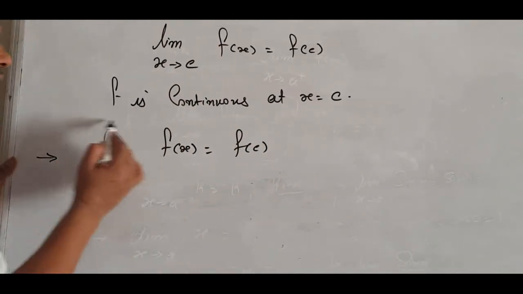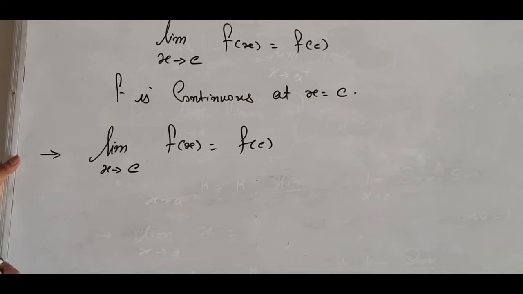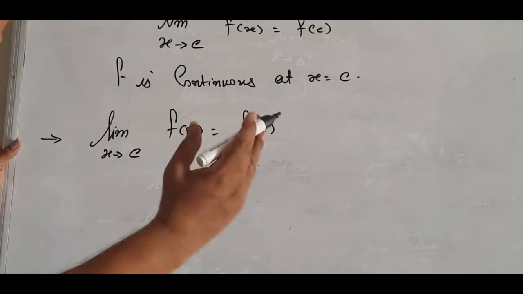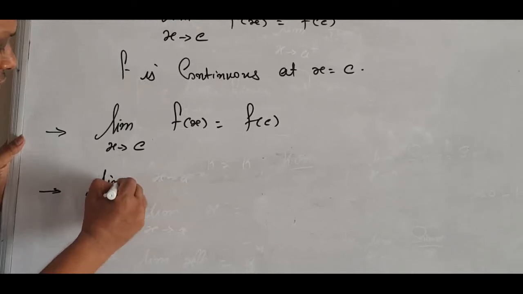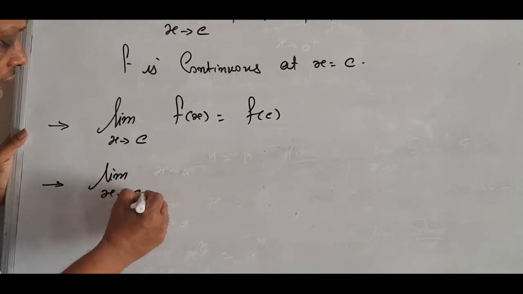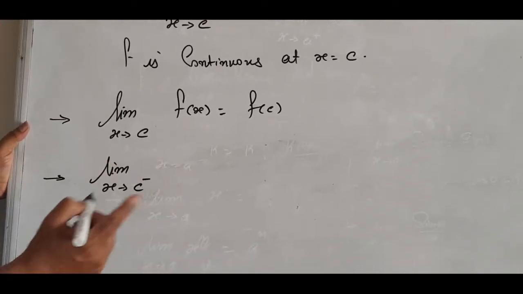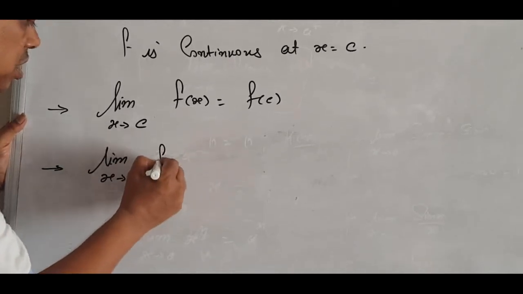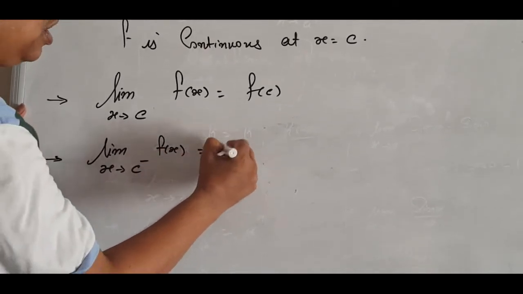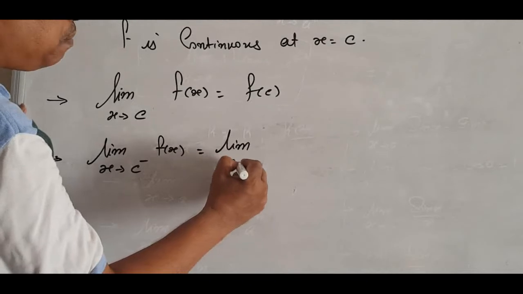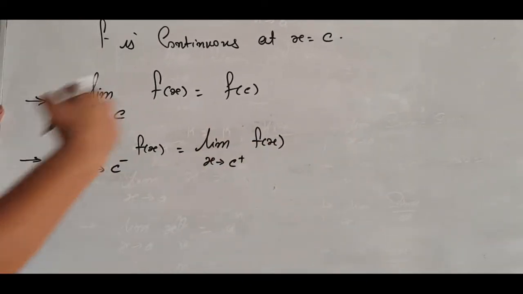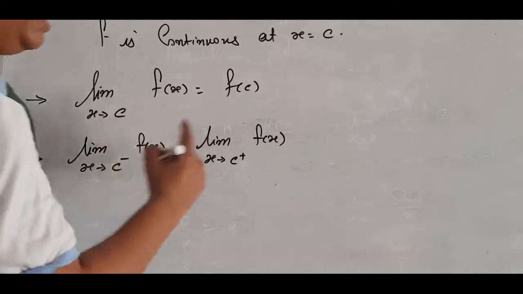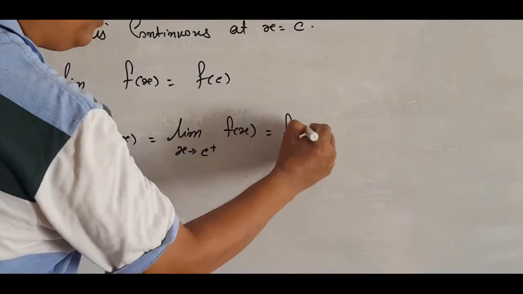Now the question is when the limit of this function exists. So say if the left hand limit and the right hand limit exist. So another definition for the continuity of the function at a point is: limit of x tends to c minus, this is the left hand limit of the function, is equal to limit of x tends to c plus, this is called the right hand limit, and it exists and is equal to f(c).